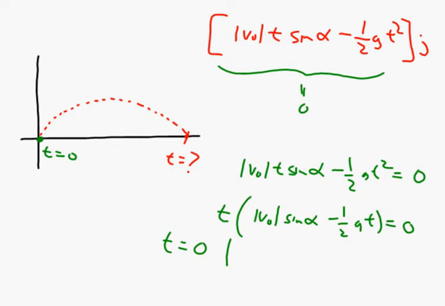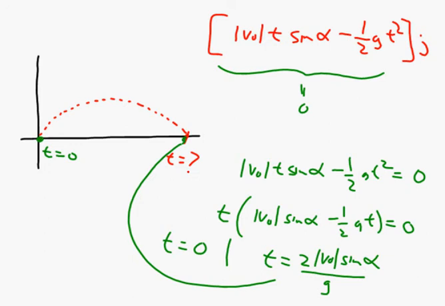And then the other time turns out to be t equals 2 norm V0 sine alpha over g. Okay. So there you go. And that second time would correspond to right here. And believe it or not, we're right at where we want to be.